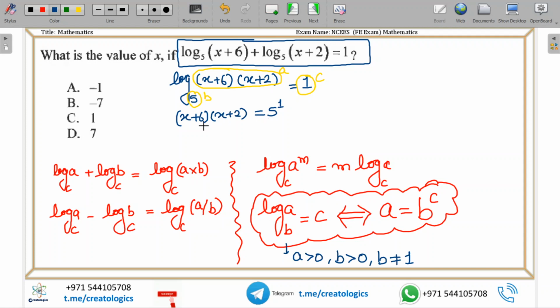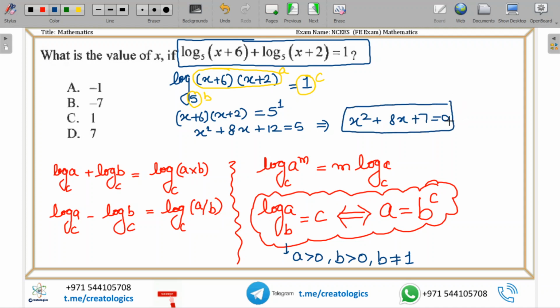Now, if you simplify it, you will get x squared plus 8x plus 12 is equal to 5, or you can say x squared plus 8x plus 7 is equal to 0. Just the simplification. Now you can use your calculator if you want; it's better if you use the calculator. Then you will get x equal to negative 7 and negative 1 as the roots.